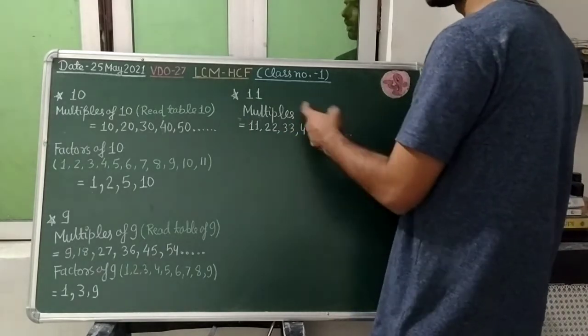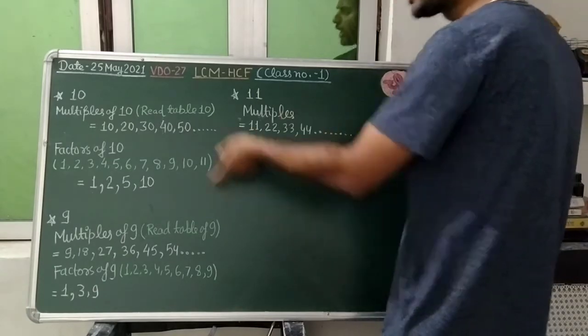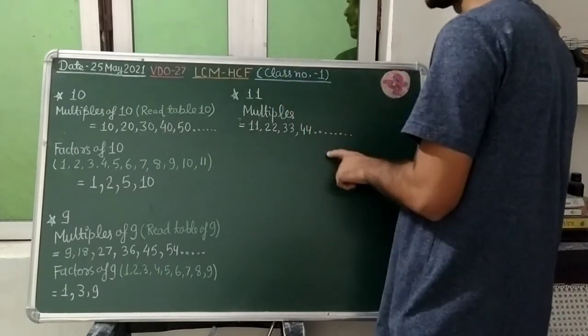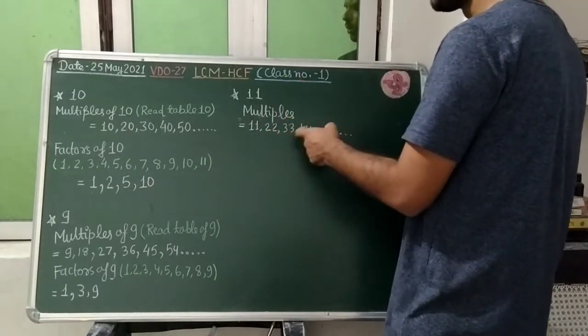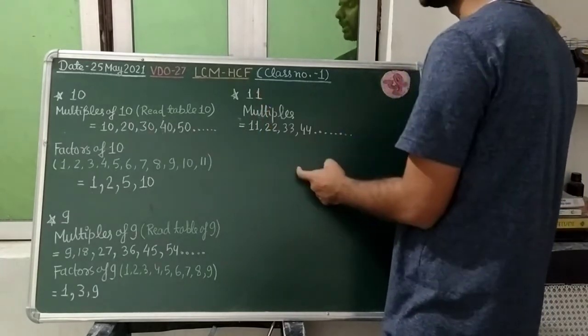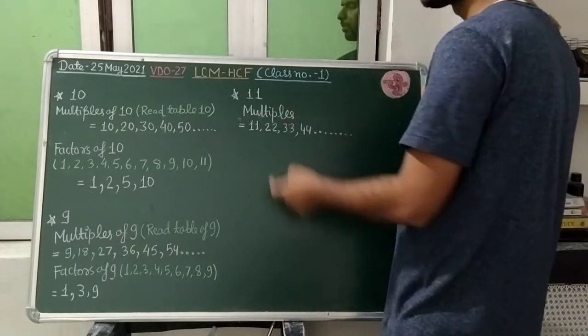Multiples of 11, 11, 22, 33, 44, are going to be divided by 11. These multiples of 11 will be divisible by the given number, meaning that 11, 22, 33, 44 will be divisible by 11.